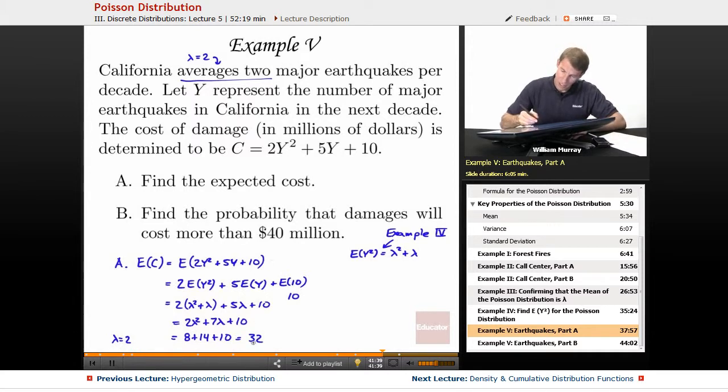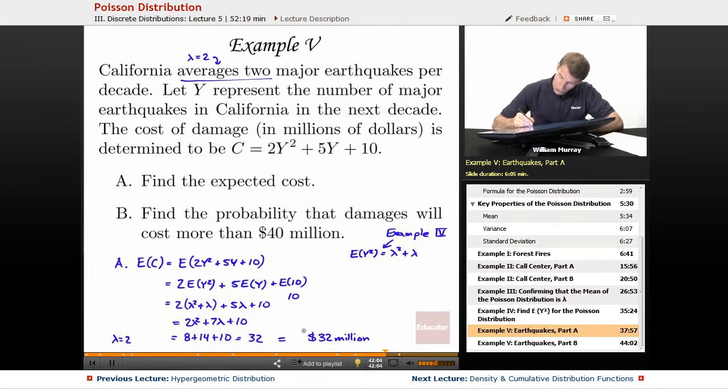So that tells me that my expected cost, the expected amount that I should average on spending on damages per decade, is, I guess this was in millions of dollars, so this is $32 million.